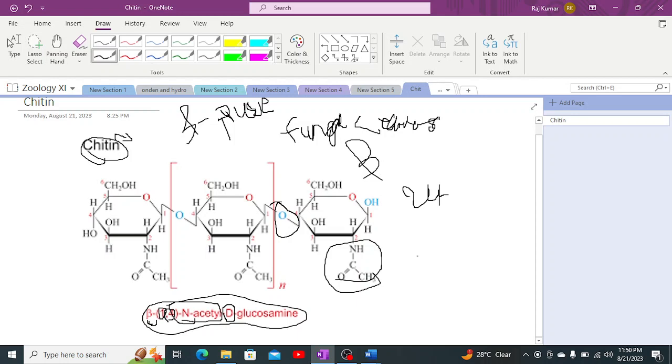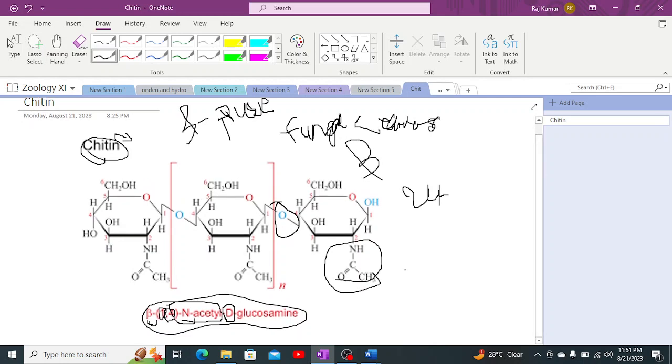Functionally, chitin is comparable to keratin protein, which is present in the hair and nails of humans, because it functions like keratin.